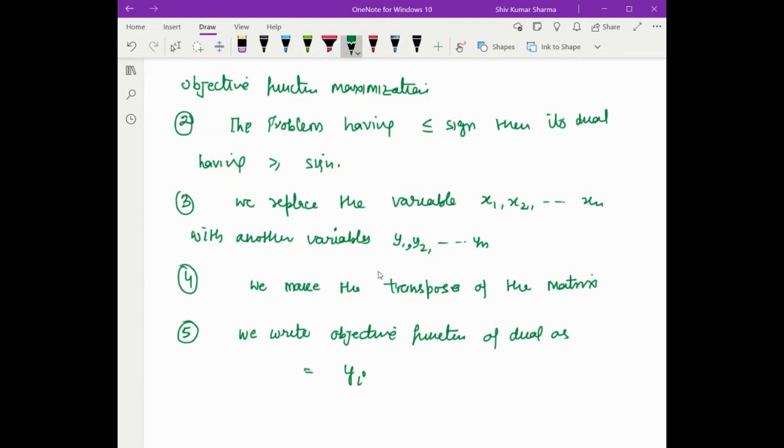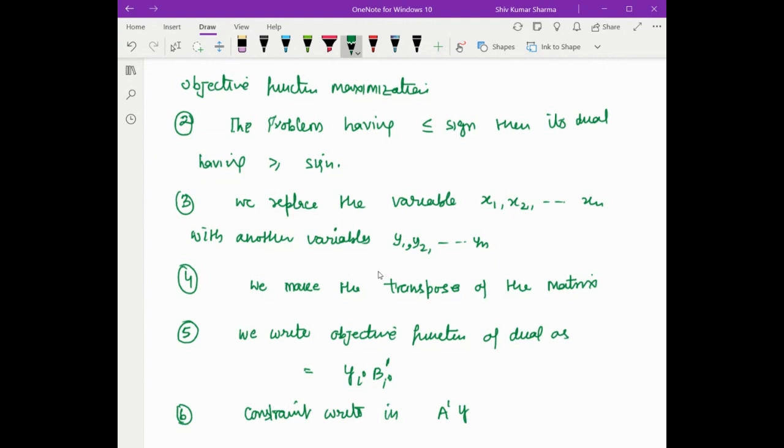Y transpose of b, that means b transpose y. And the constraint we write as A transpose of y.